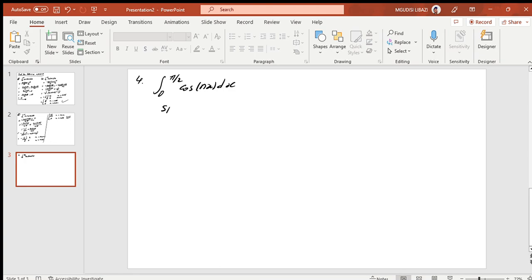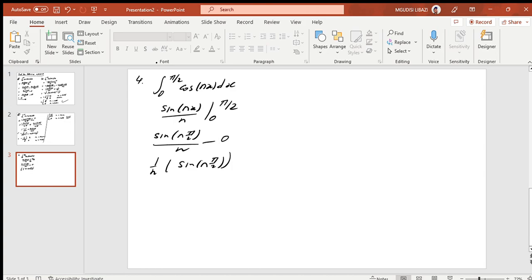The integral of cosine is positive sine of nx all over n, from 0 to pi over 2. Substituting our limits, we get sine of n pi over 2 in place of x divided by n, minus, when we substitute 0, we just get 0 because sine of 0 is 0. So we get 1 over n times sine of n multiplied by pi over 2.